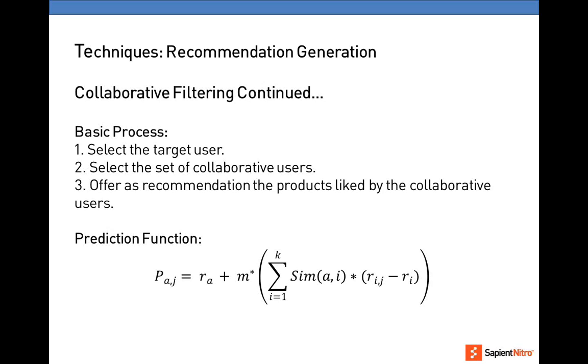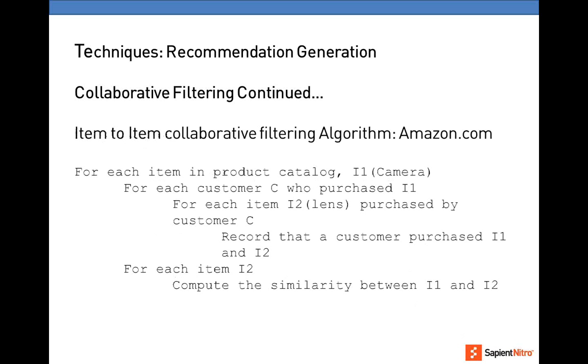We will sum that up, multiply this with a normalization factor, and add it to the average rating of our target user, which will give us the prediction rating for any particular item.